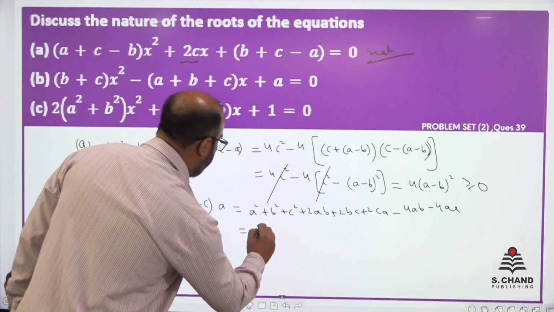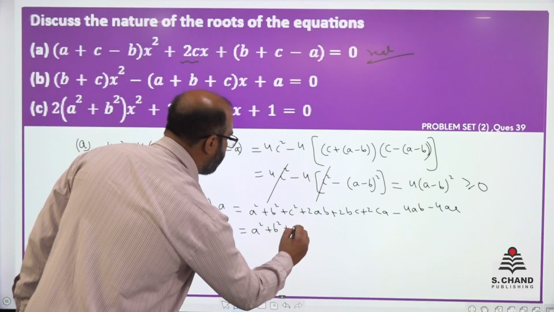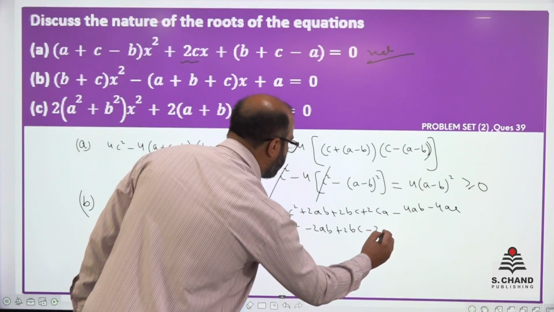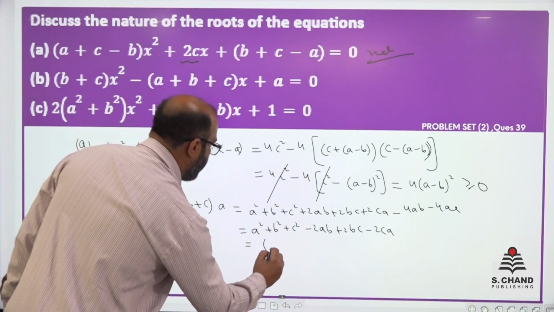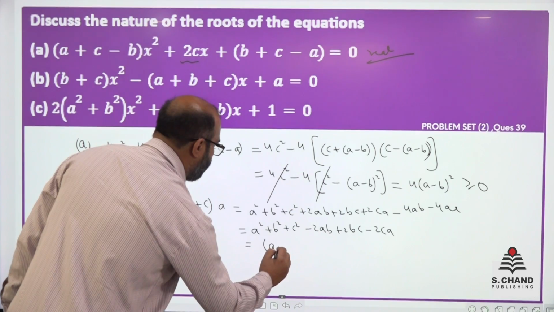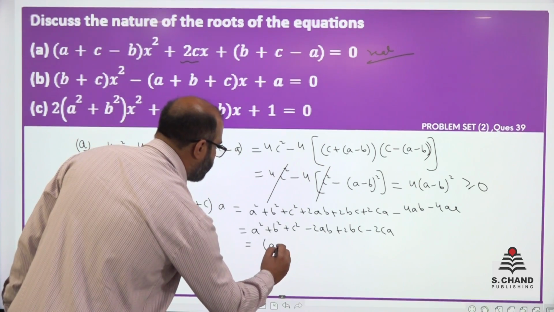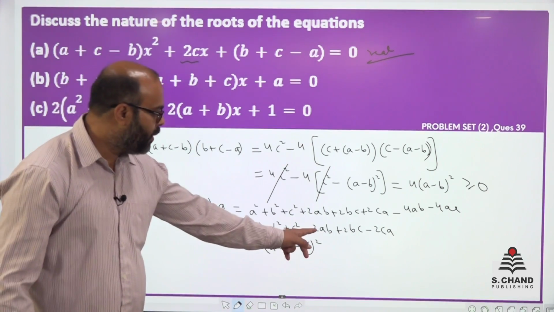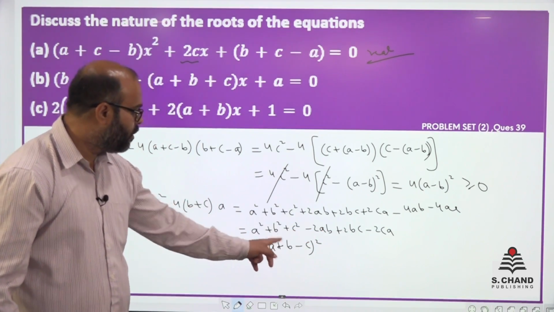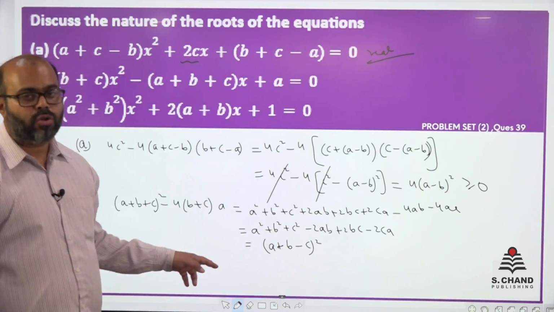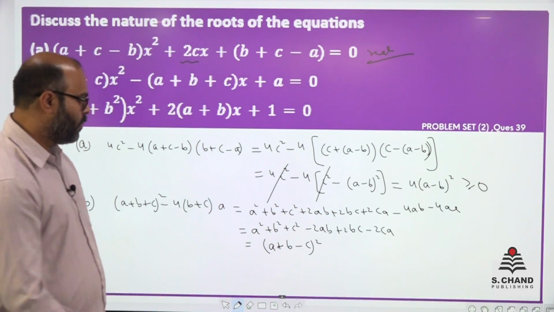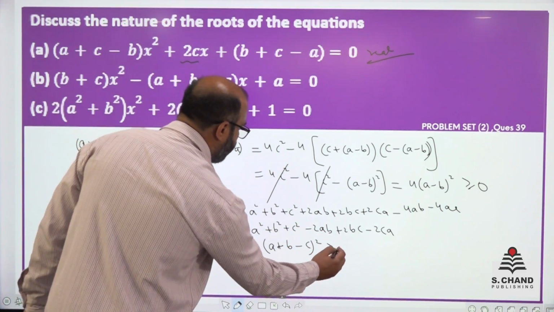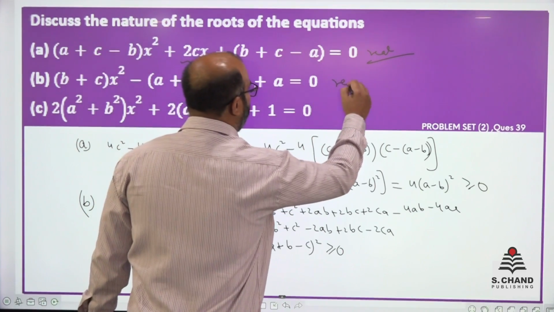So this will become a square plus b square plus c square minus 2ab plus 2bc minus 2ca. So this is (a plus b minus c) whole square. Just see the arrangement of minus sign: minus 2ab, minus 2bc, plus 2ca. So you take minus common and minus square is plus. So this is how you can write it. This is also greater than equal to 0. So the roots are real.